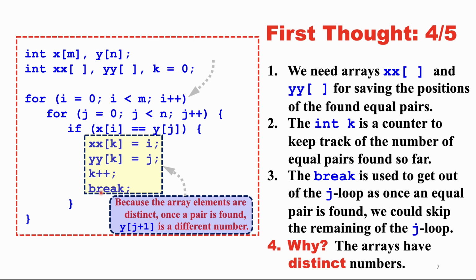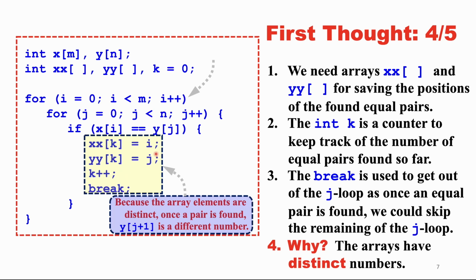Why do we have a break statement rather than going for the next comparison, that is comparing xi and yj plus 1? Well, when you write a program, try to understand all given conditions. We said both arrays are sorted in ascending order. Their own elements are distinct. Now, if we have found an xi which is equal to a yj, the next element, that is yj plus 1, cannot be equal to xi because all yj's are different.